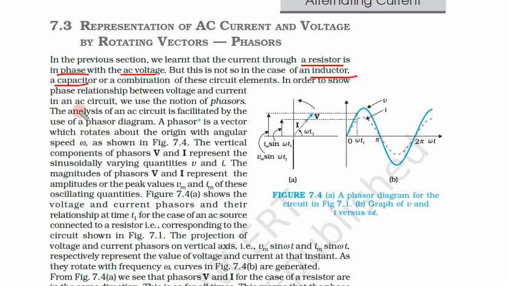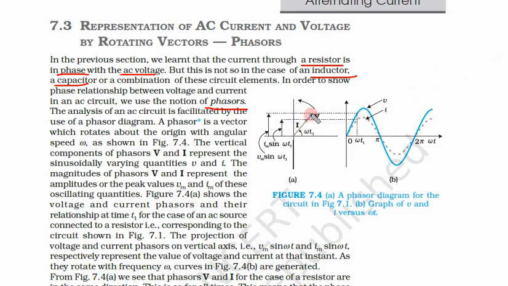Now, in order to show the phase relationship between voltage and current in an AC circuit, we use the notion of phasors. We use phasors to simplify this, because every time seeing what the phase between current and voltage is, is very difficult.